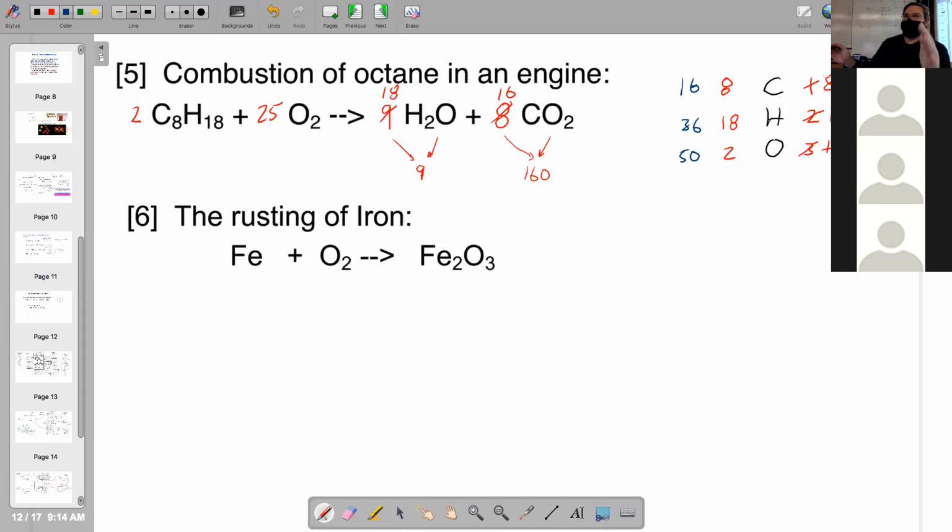But here's a thing I'll say about this. What this reaction shows you is that when you want to drive a car down a road using gasoline with octane, these numbers out in front tell you how many of each kind of molecule you need. In order to make this reaction go, you need a total of 27 molecules.